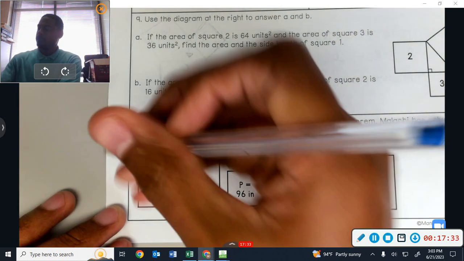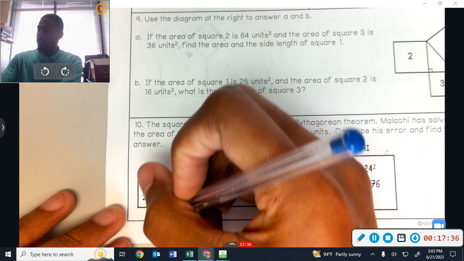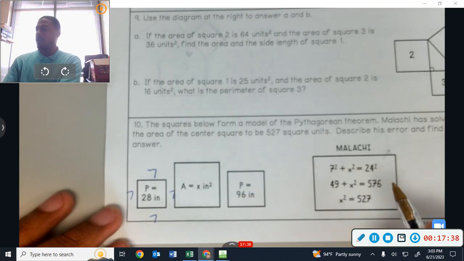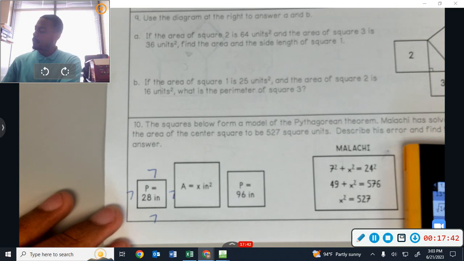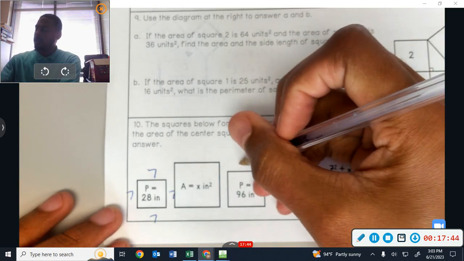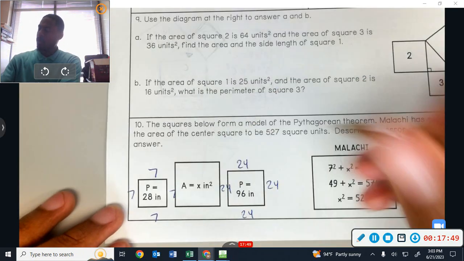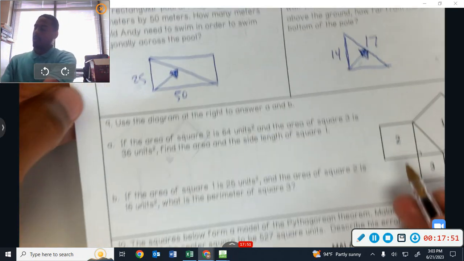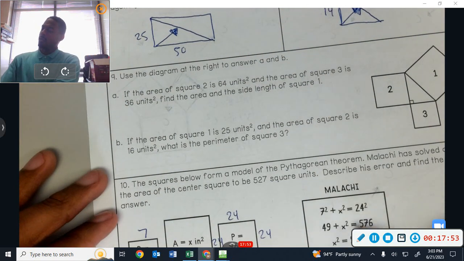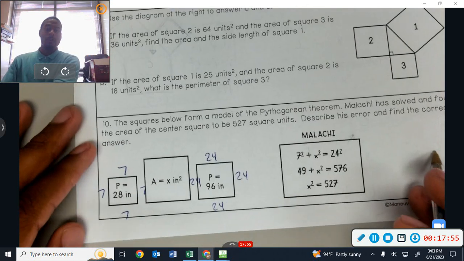So that's 7. So that means that 7, 7, 7, 7. It's all 7s all around. Okay, perimeter of this one. So that means that each side is 24. Okay. So remember, you're trying to figure out what Malachi did wrong.